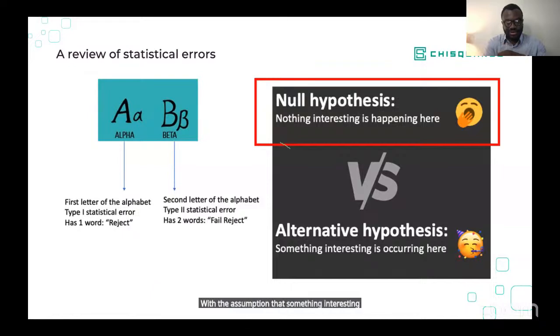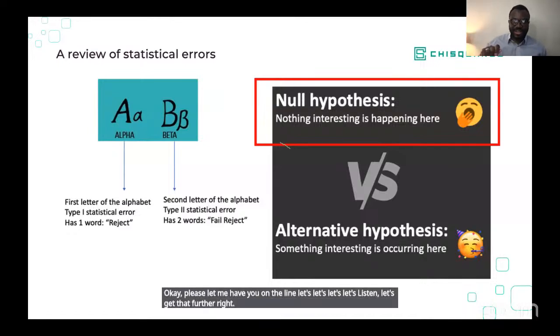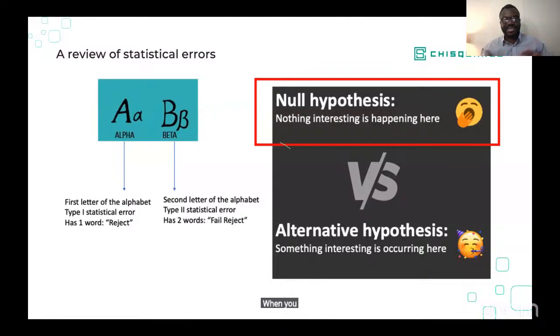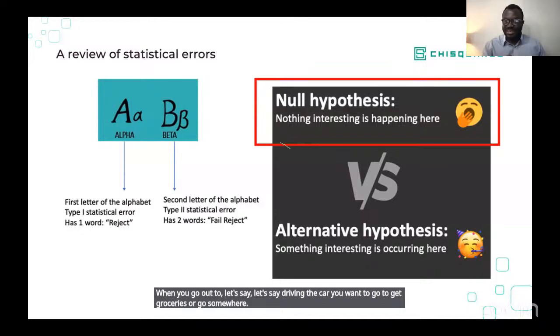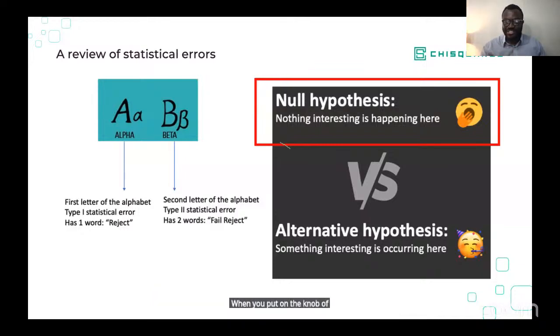Thank you. Okay, while I have you on the line, let's investigate that further, right? When you go out, let's say driving the car, you want to go get groceries or go somewhere. When you turn on the engine of your car, what do you expect?